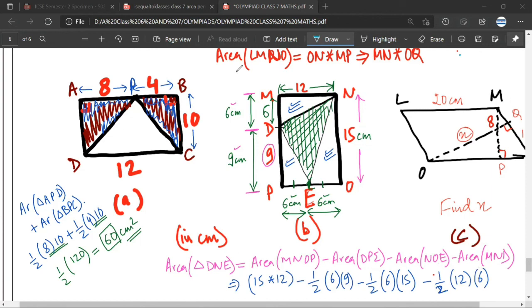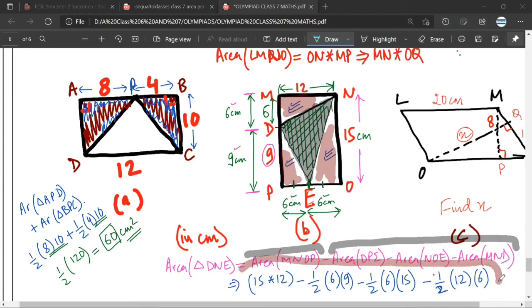So we need to solve this to find the area of this triangle. Basically, we have found the area of the rectangle. Then we subtracted the area of the 3 smaller triangles, which look something like this, this, and this. Mr. Sarthak, any doubt till here? No, sir.